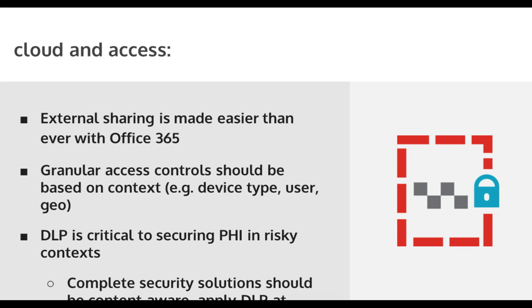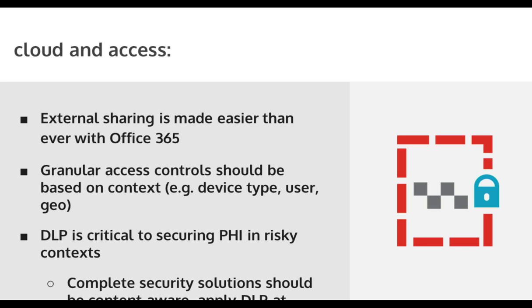So around cloud and access, for example, what I mentioned was that, again, it's very easy to put data into Office 365. A user can very easily upload a file with sensitive information into your OneDrive or SharePoint, etc. And Office 365 definitely makes the sharing of that information really easy, which is a really big plus point of moving towards these cloud file sharing functions.